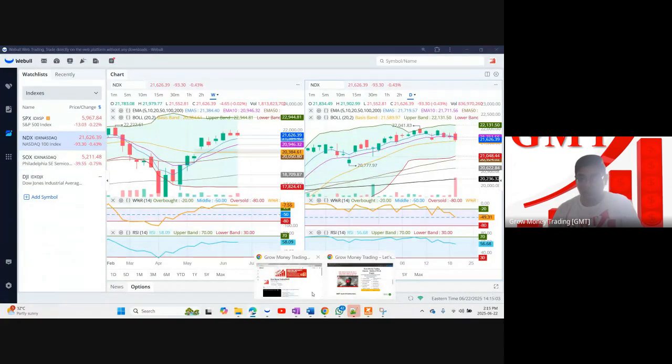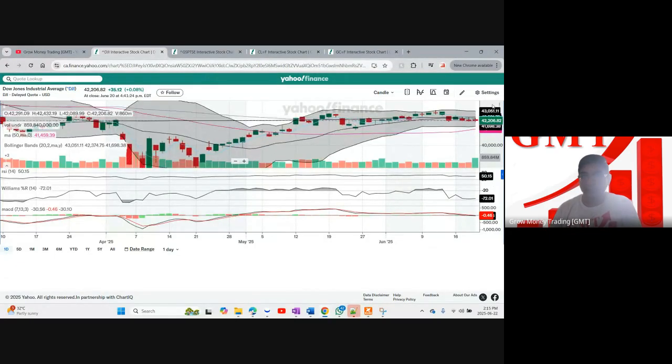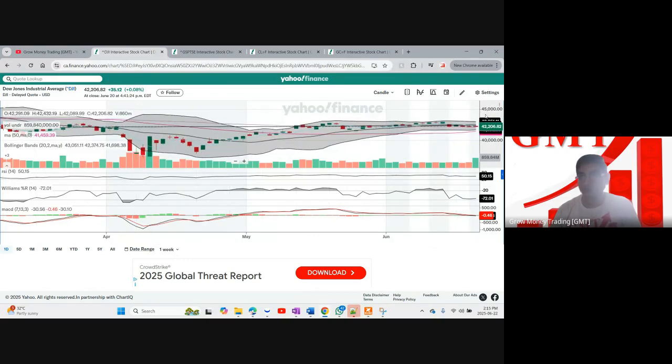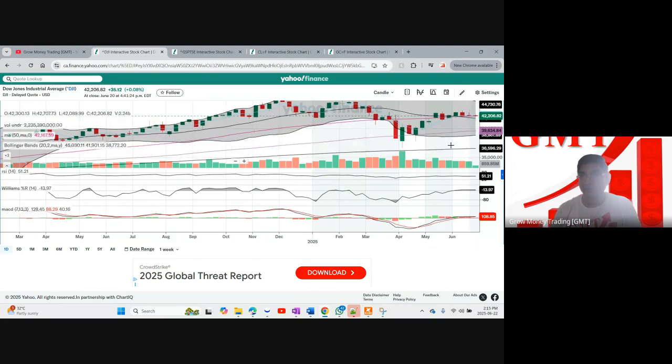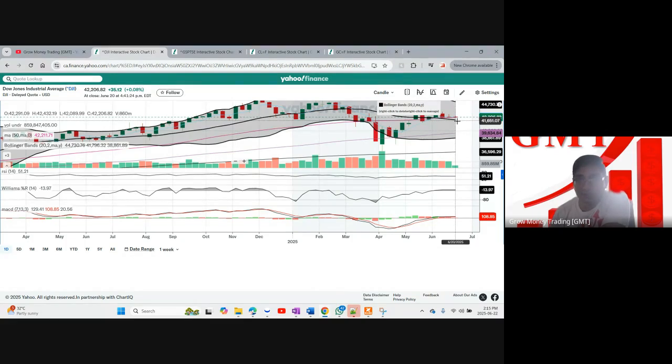Let's see DJI as well, which is another major index. Let me change this to the weekly chart. For DJI, this is somehow holding at this level, and you can easily expect it to drop to 41,651, which is the mid Bollinger Band.